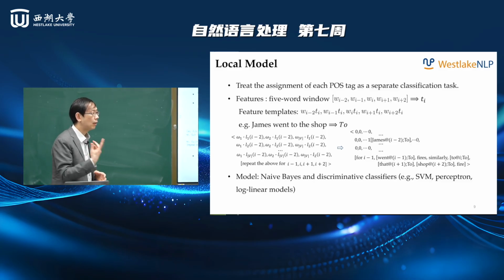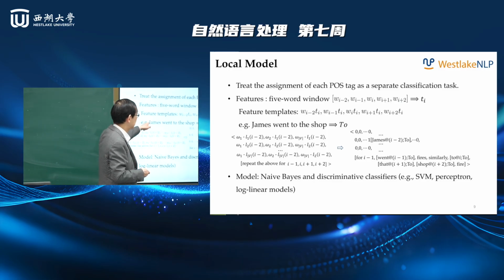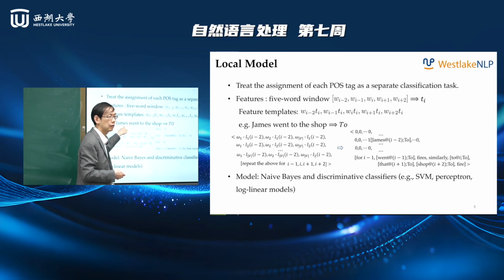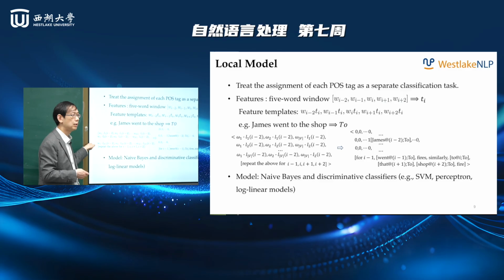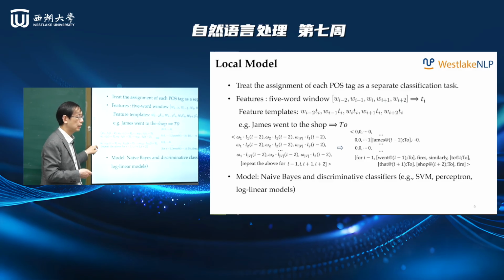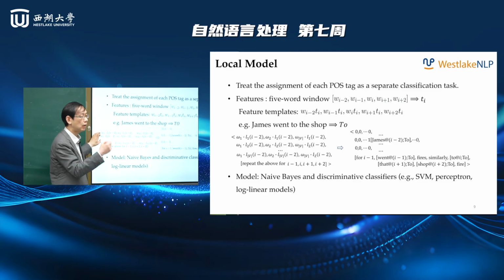So now, when we're given "James went to the park," which elements in here are non-zero? Which elements are zeros? Let's look at the first chunk, about w_{i-2}. In all these chunks, only one feature instance is non-zero.